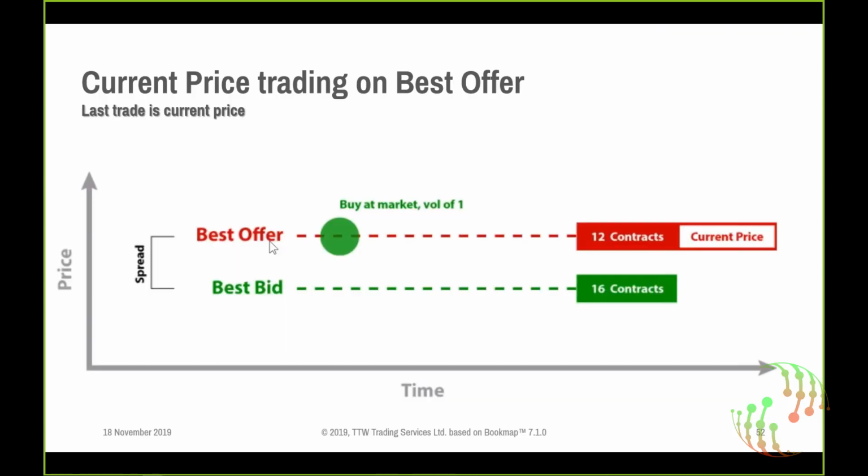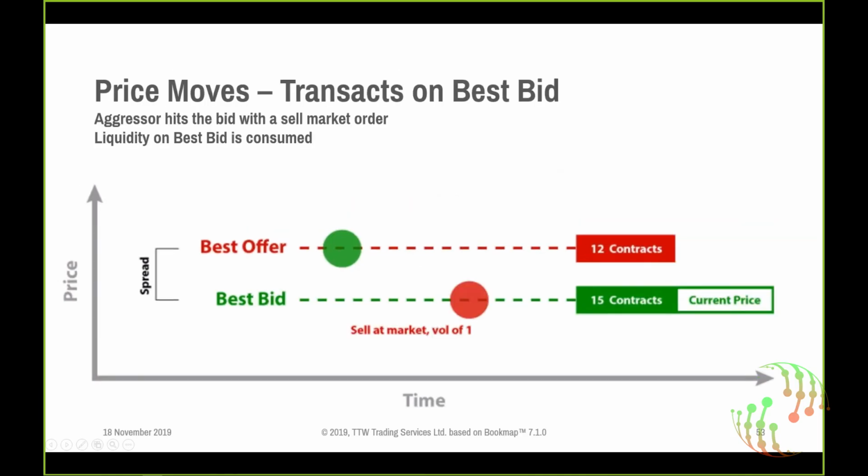Let's show how it works. It's easy to understand. There are 12 contracts. One is bought and one is sold into these 15 contracts. This is the organization: green is best bid and red is best offer.